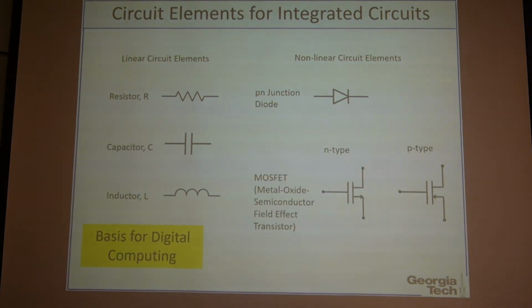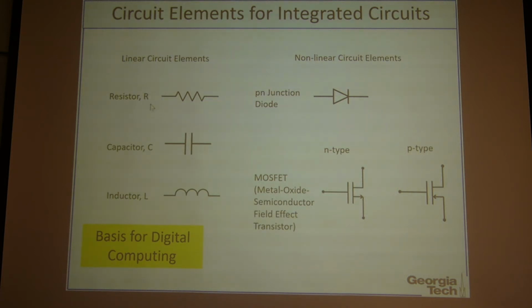All right. So let's look at the circuit elements for integrated circuits, and those symbols for the circuit. We have the linear circuit elements, like the resistor, capacitor, and inductor. I believe you have learned those in 2014, like the RC circuit. Those are linear circuit elements.